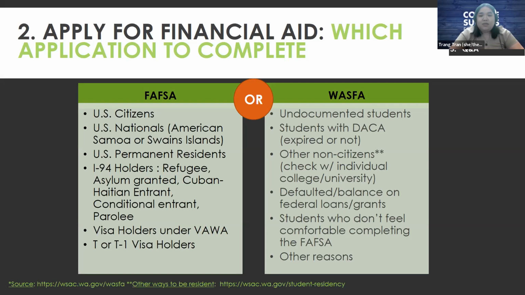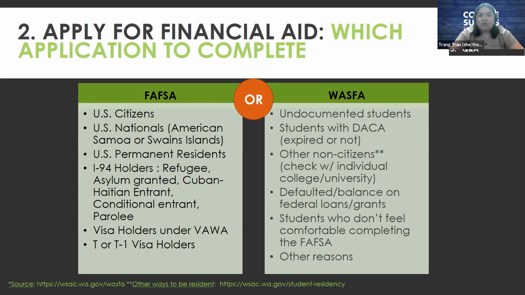They say this because a mismatch between the Social Security Administration and FAFSA can complicate the financial aid application and trigger a rejection. So changing names and gender markers may take a long time. So we encourage students to start as early as possible. But if students want to complete with their chosen name, they can choose to apply for a WASFA instead.